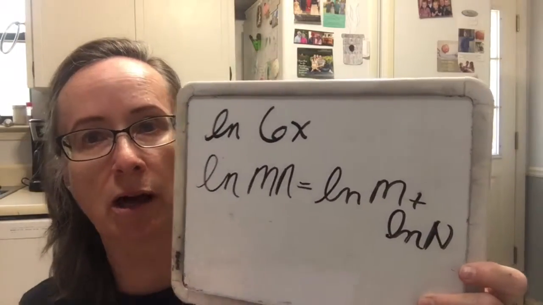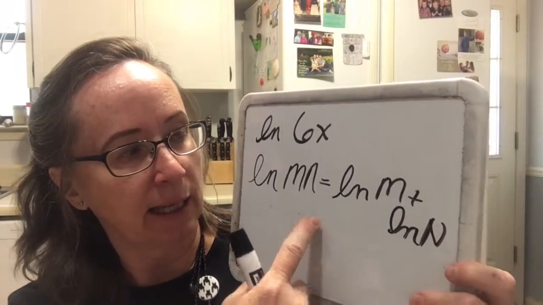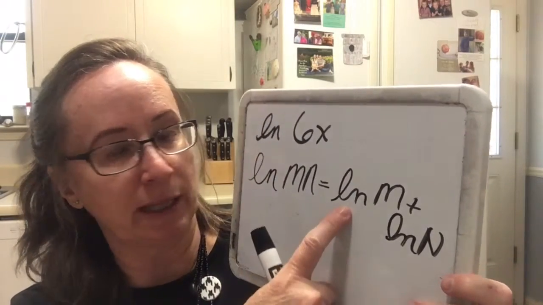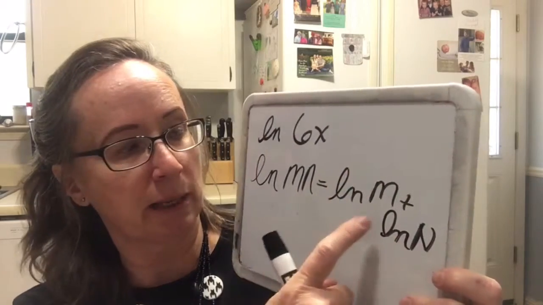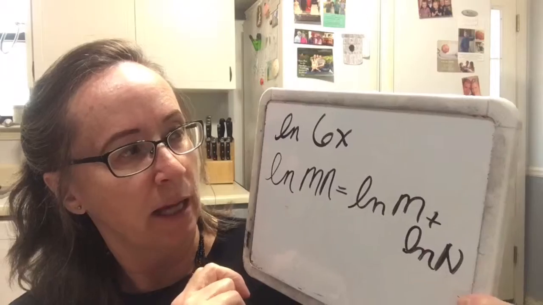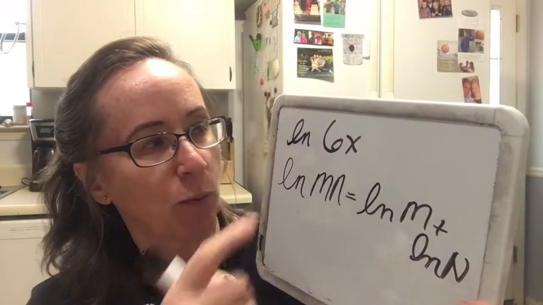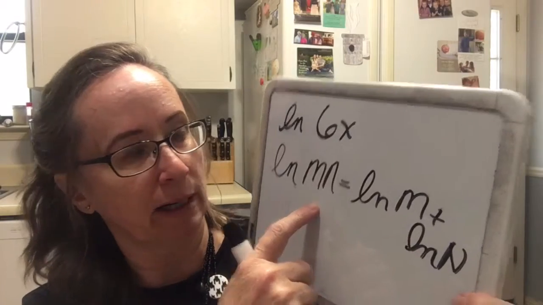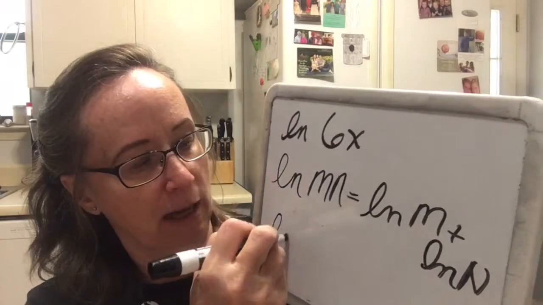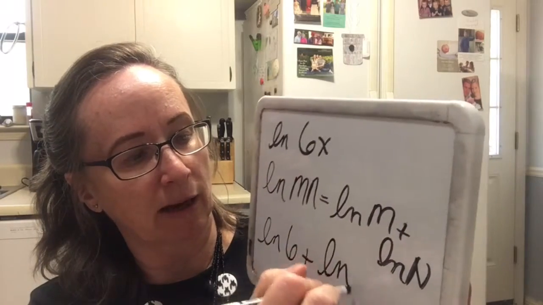You could use log or natural log. Anytime I have a log of a product, it's going to break up into the log of the first plus the log of the second part of the factors there. So here we've got 6 times x as the argument, so we're able to break this up accordingly into natural log of 6 plus natural log of x.